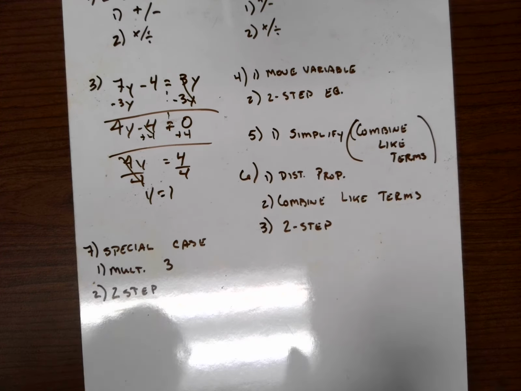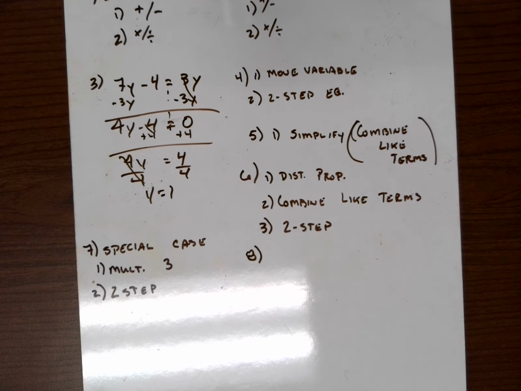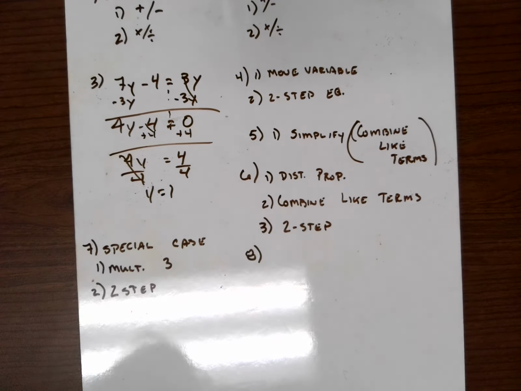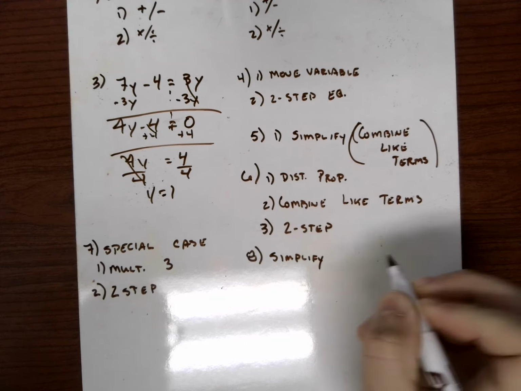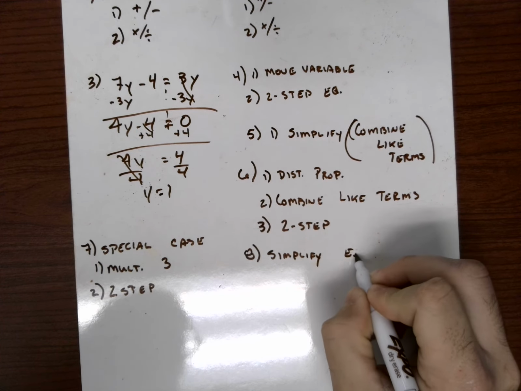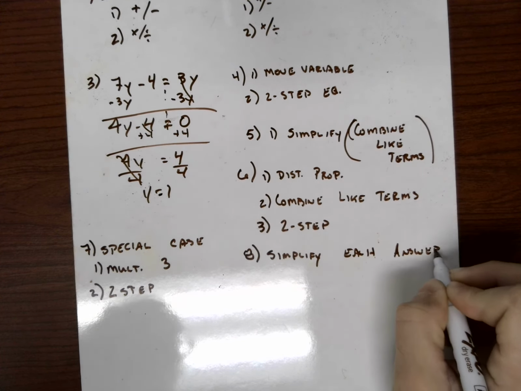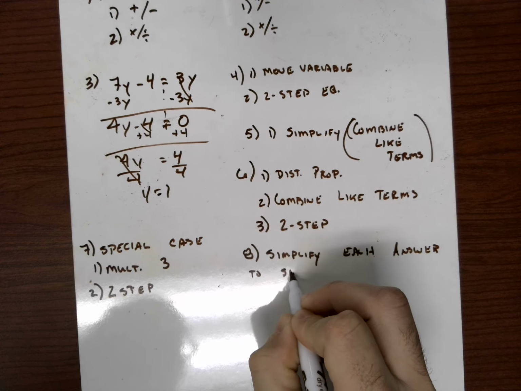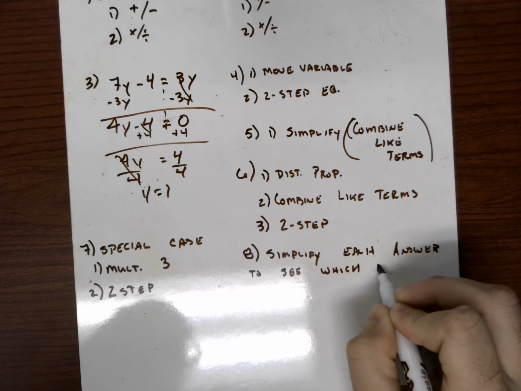On number 8, which equation has infinitely many solutions? What you're going to do in number 8 is basically solve those, or simplify them as far as possible. So we're going to simplify each answer to see which equal each other.